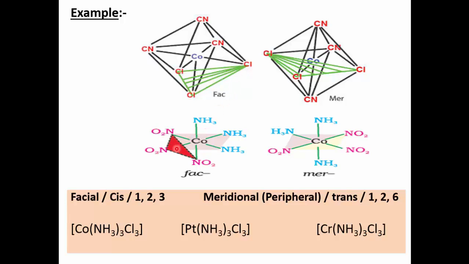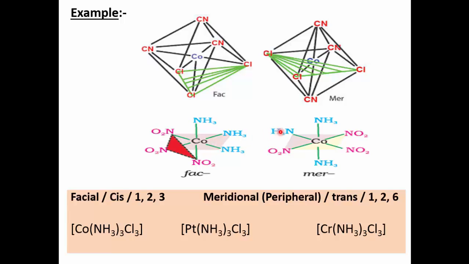This is also observed in this example. See, at 4, 5 and 6th position the same ligand is present, the face is occupied by the same ligand. Similarly here 1, 2 and 3, this face is occupied by another, same ligand, at 1, 2, 3 position. Therefore, this is the facial isomer.